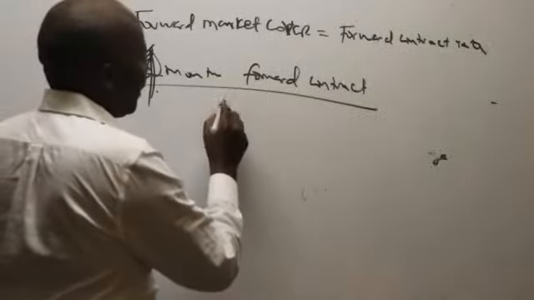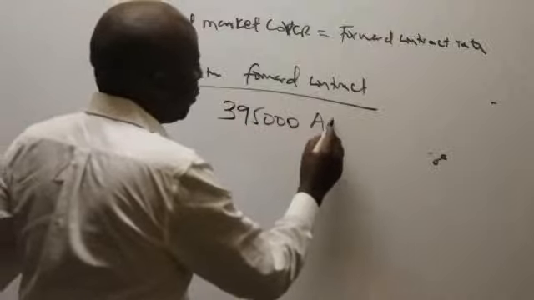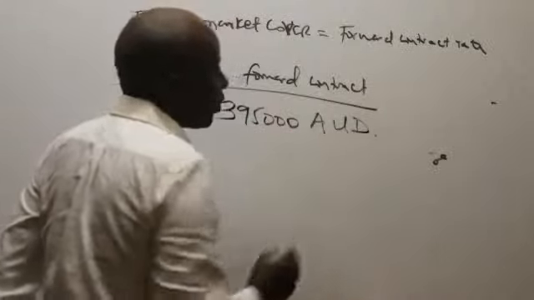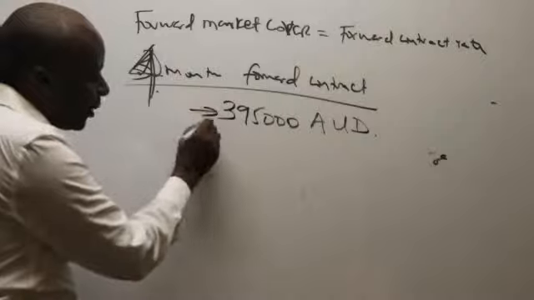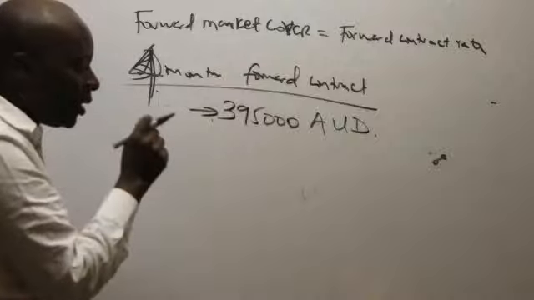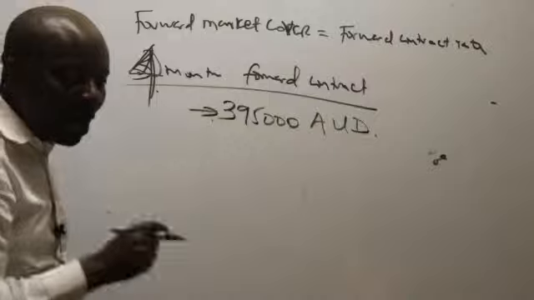Ladies and gentlemen, we have in this case here 395,000 Australian dollars. This amount, I would want you to tell me, to this client called Jackie, is it a payable amount or a receivable amount?